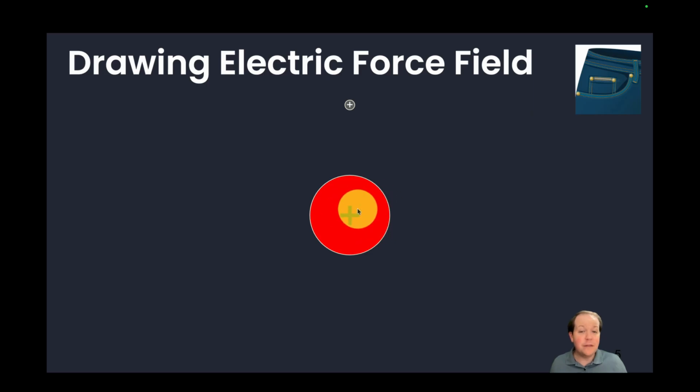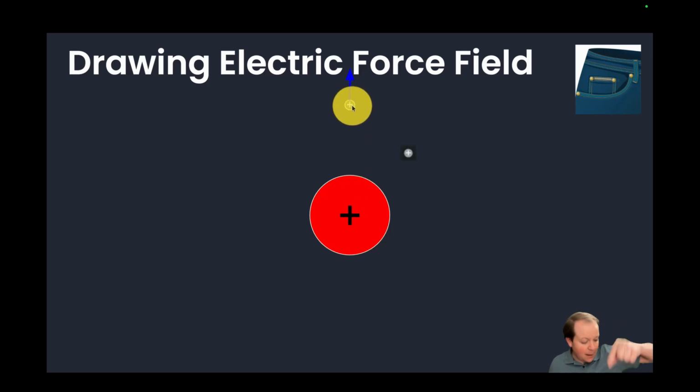So the original thing is positive, and I've just pretended to put down a little positive. What direction do you think this little positive is going to go? Is it going to attract toward this red object, or is it going to repel? What do you think? It's going to repel, everybody, because we learned like charges repel. Both of these are positive. Positive charges do not like each other, so this little positive is going to repel away.